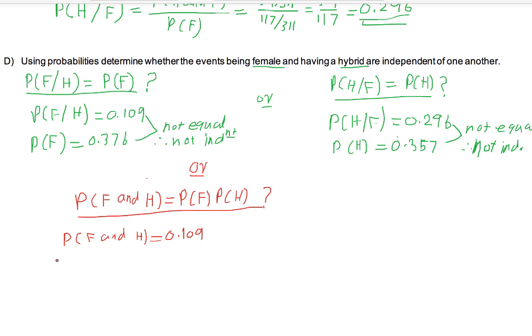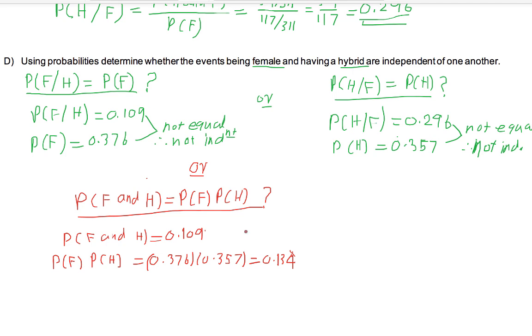Then we will find the probability of F times probability of H. So probability of F we know already, that is 0.376, and probability of H we know already, it is 0.357. So this equals 0.134.